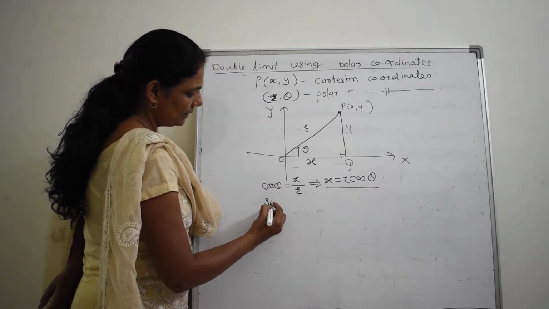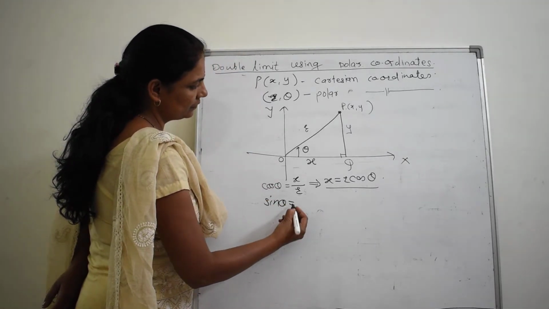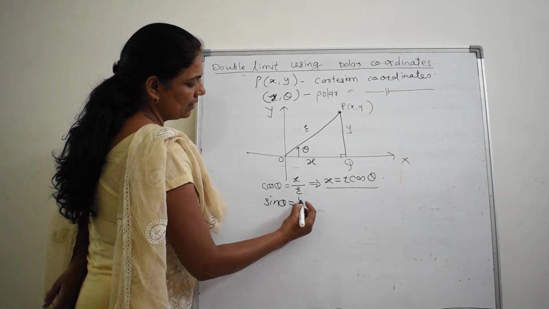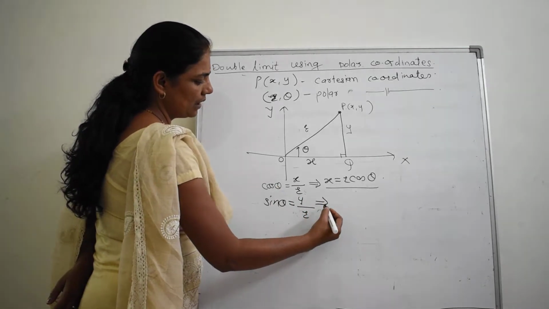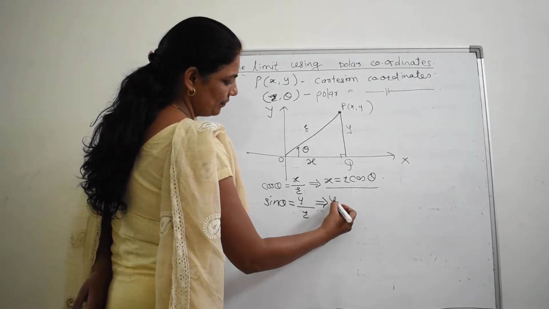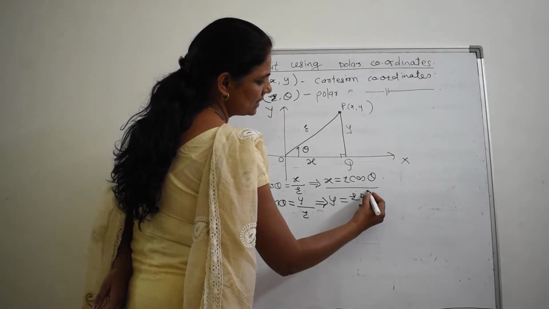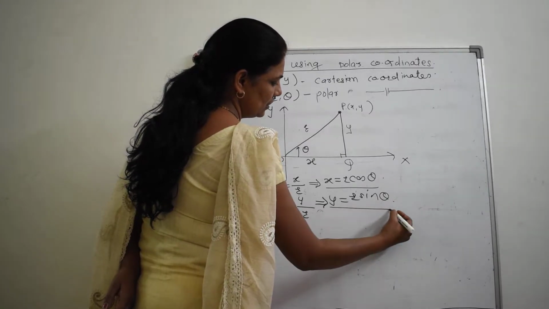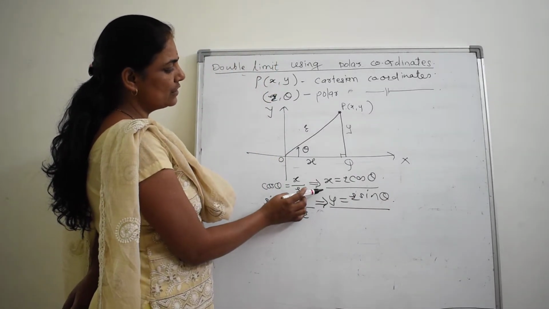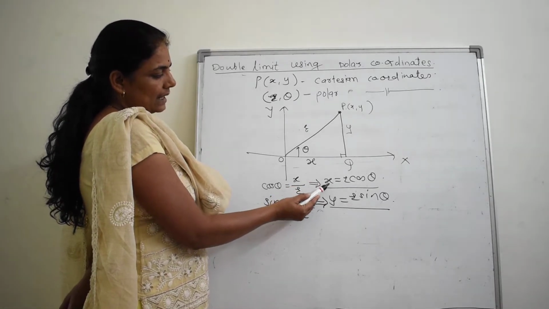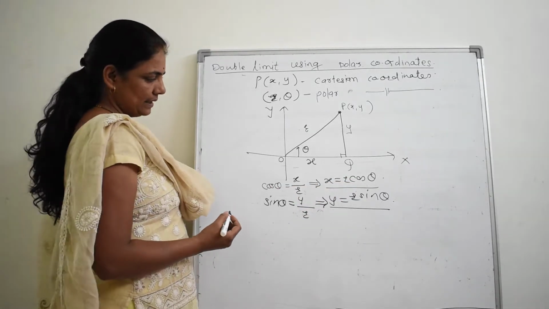Similarly, find sin theta: opposite side upon hypotenuse, that is y upon r, which gives y equals r sin theta. So here we get two relations between the Cartesian coordinates and the polar coordinates.